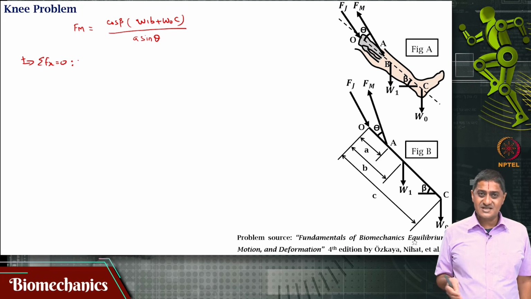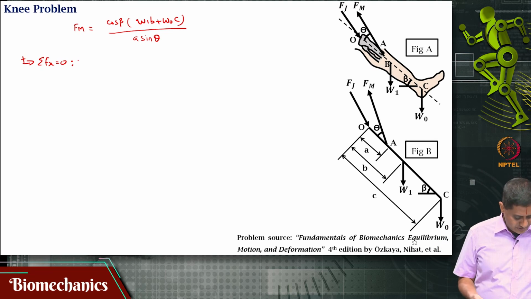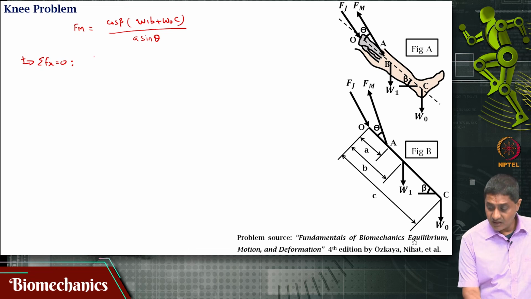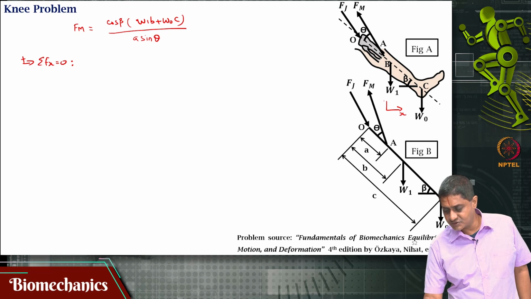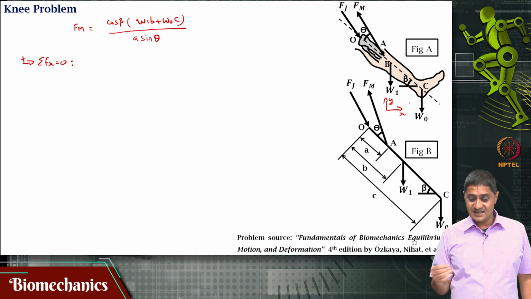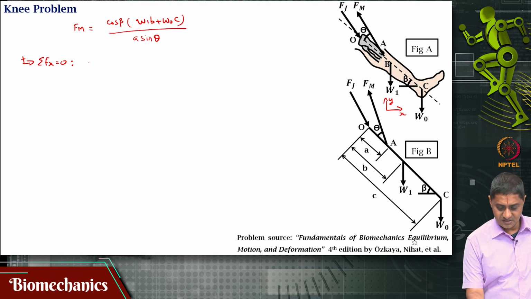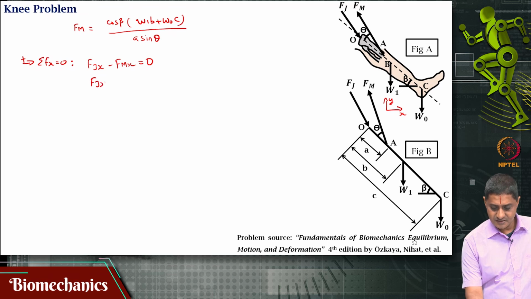Fjx is in the positive x direction, and Fmx is in the negative x direction. So Fjx minus Fmx is 0, or rather Fjx is Fmx.